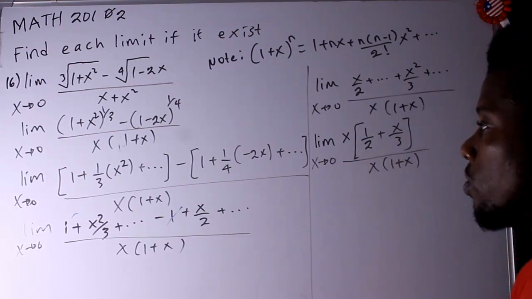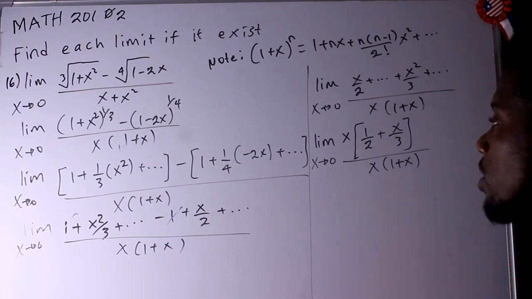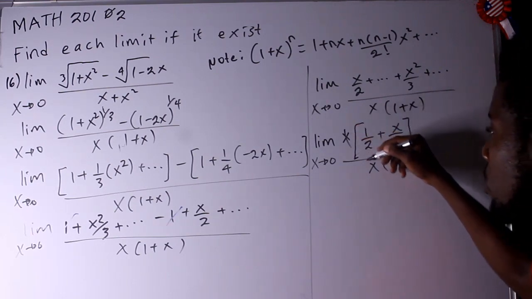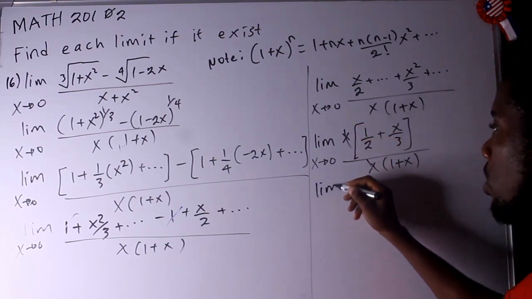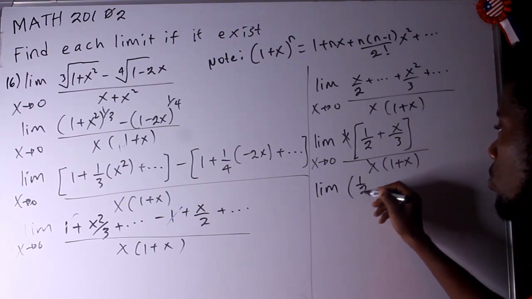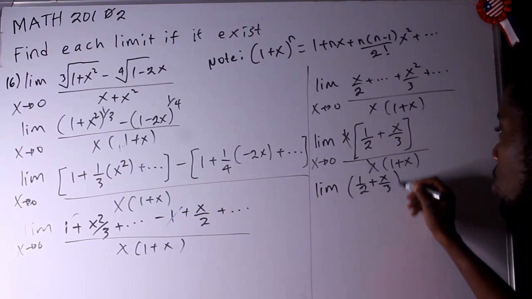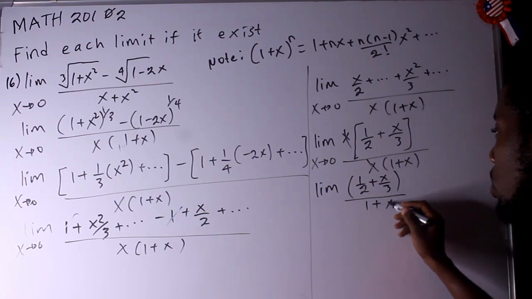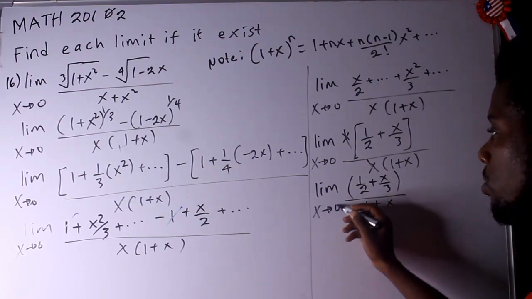So what you realize here is that this x and this x are going to cancel out, so you're just going to have the limit of 1 over 2 plus x over 3 all divided by 1 plus x as x approaches 0.